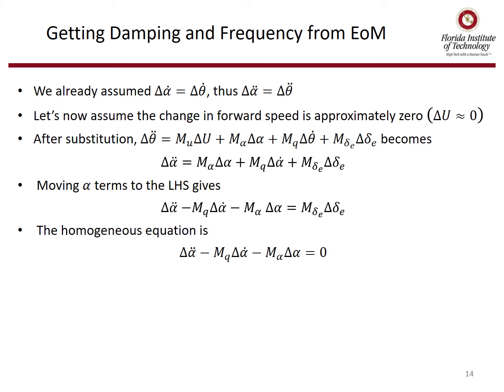Now let's move all the alpha terms to the left-hand side. What we get then is delta alpha double dot minus mq delta alpha dot minus m alpha delta alpha equals m delta e times delta e. So now we have a homogeneous equation when we set the right-hand side equal to 0.